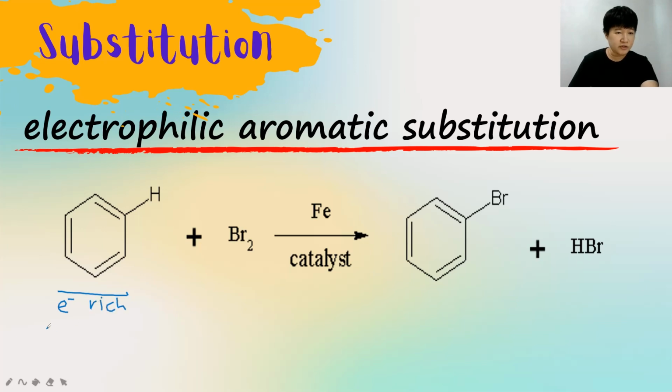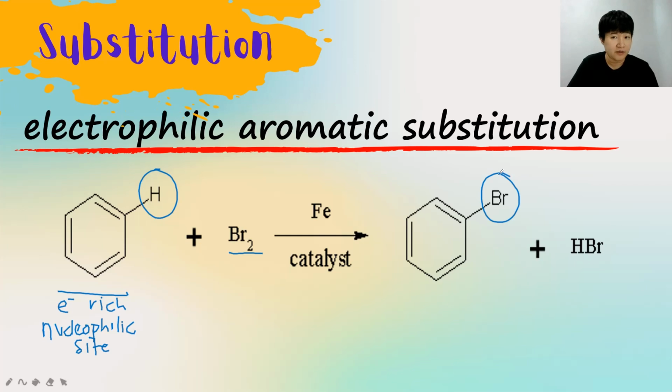This electron rich site is what we call the nucleophilic site, very rich with electrons. And the one making the changes right now is Br. As you can see over here, the hydrogen is substituted by the Br. The hydrogen is replaced by the Br.